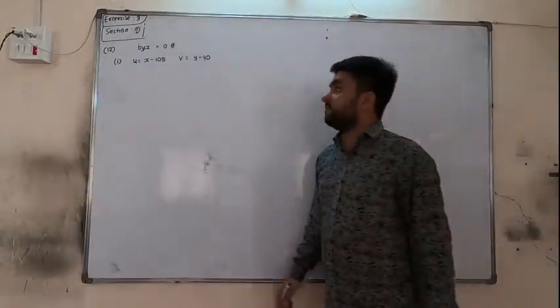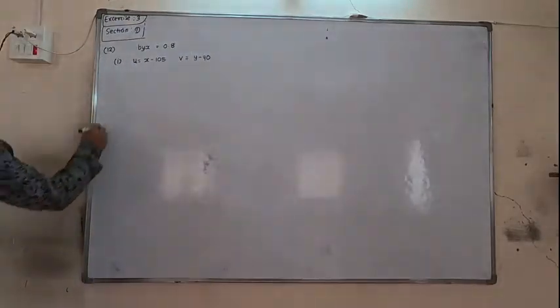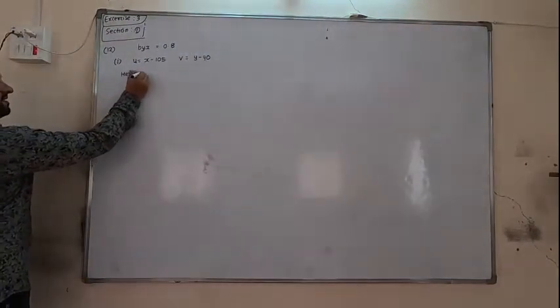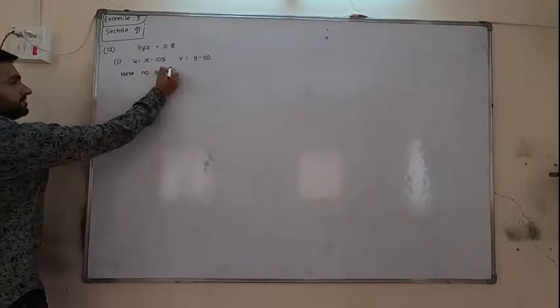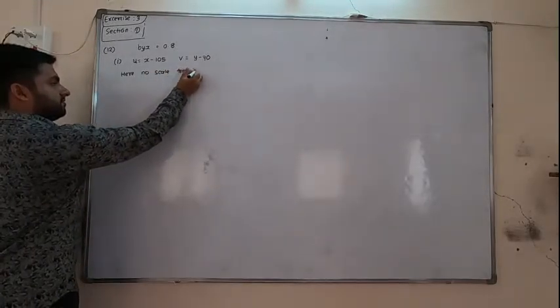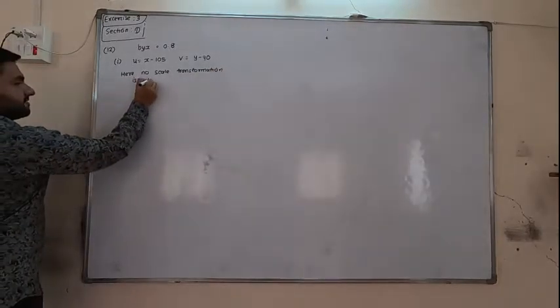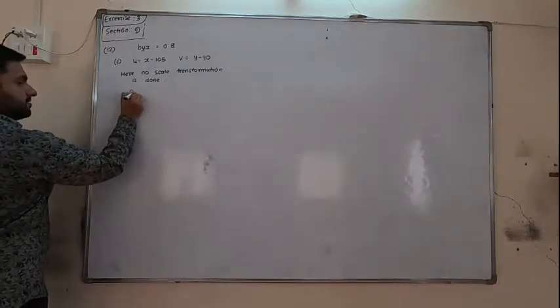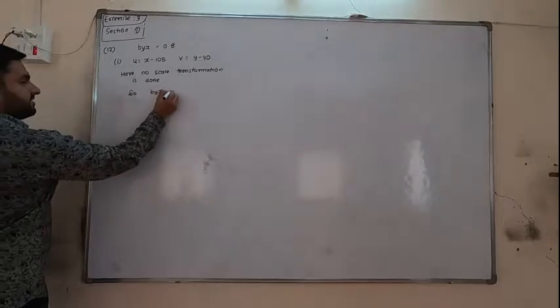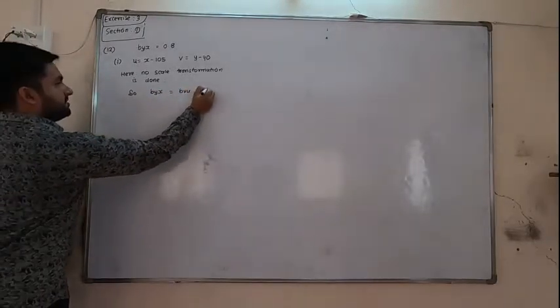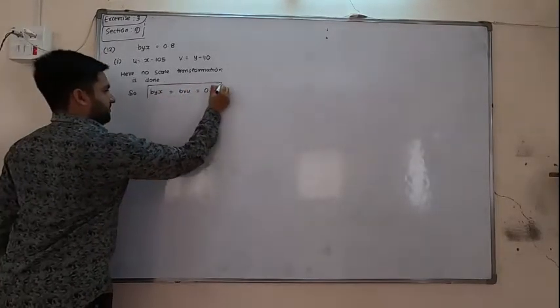Now we can see that no scale transformation is done. So here we will write, no scale transformation is done. So byx is equal to bvu is equal to 0.8.